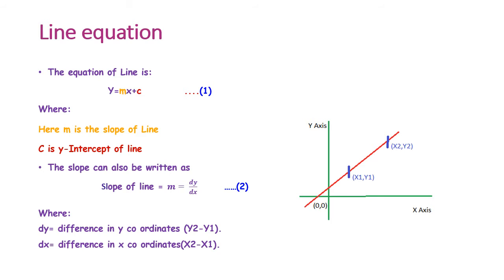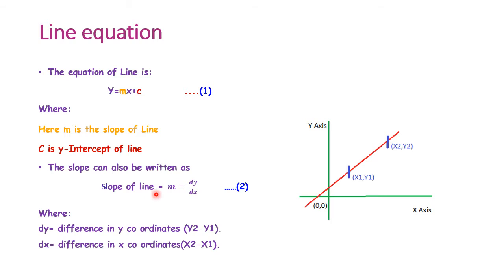Now we will see what is line equation and how we calculate the slope of line. The equation of line is y is equal to mx plus c, where m is the slope of line and c is constant. It is y-intercept of line. Next, we have to calculate the slope for a line.